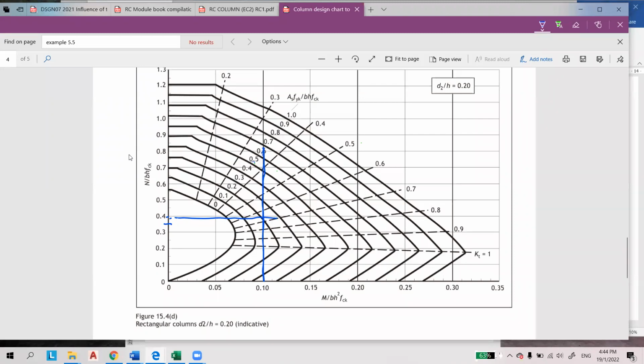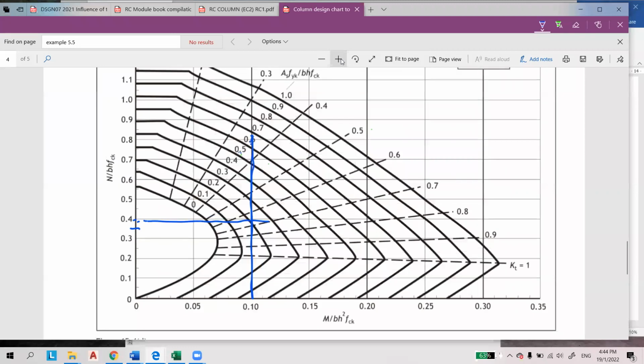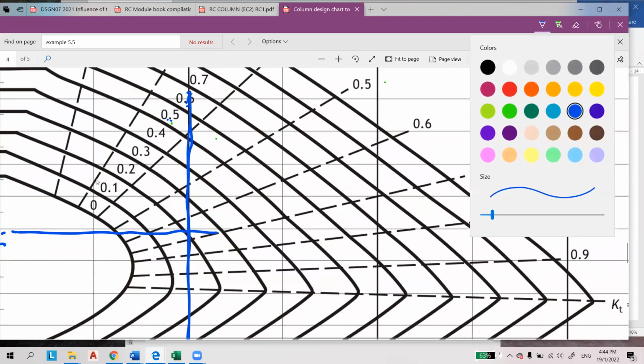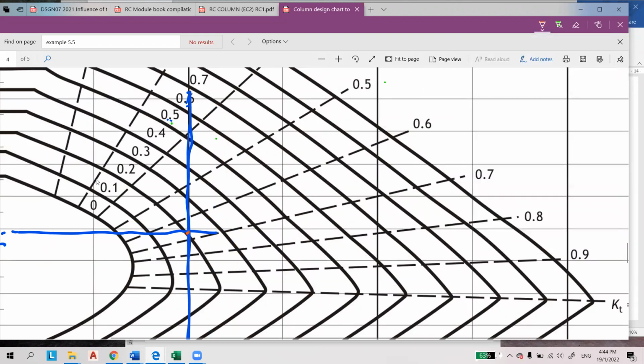So what is the value now at the intersection? Can you see? Can somebody tell me the value here?